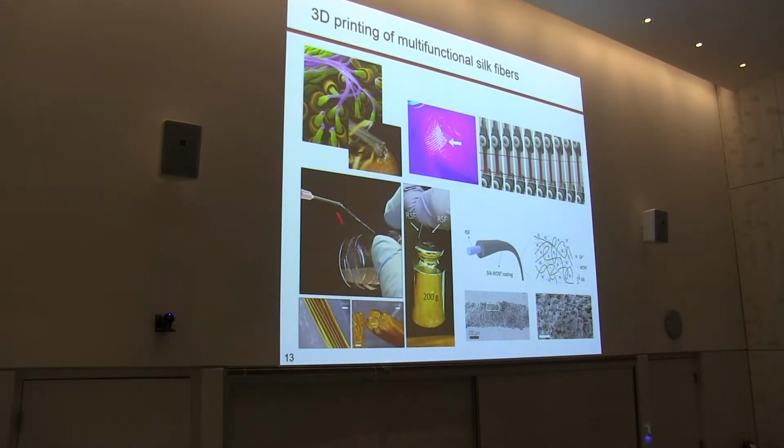I can also produce those recombined silk fibers directly, and those fibers can be so strong that they can hold very heavy weight. Also, I can put the silk fiber together with carbon nanotube or graphene to make the silk conductive. Silk itself is not a conductive material, but by combining those carbon materials, I can make it conductive.